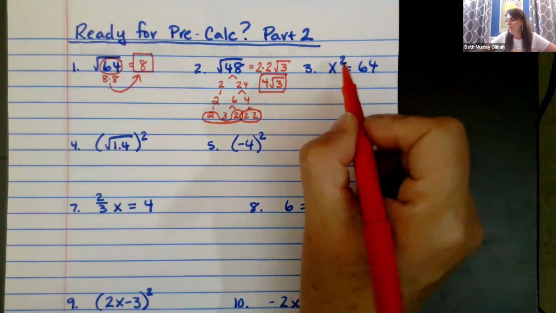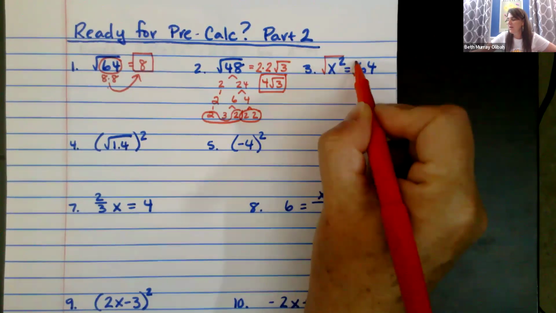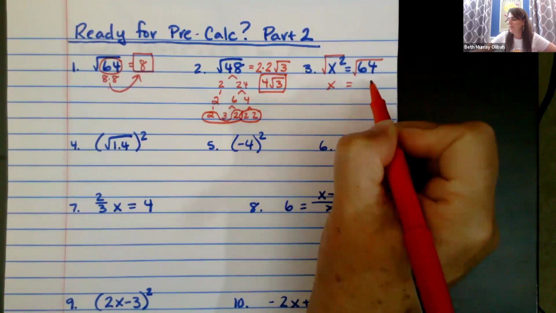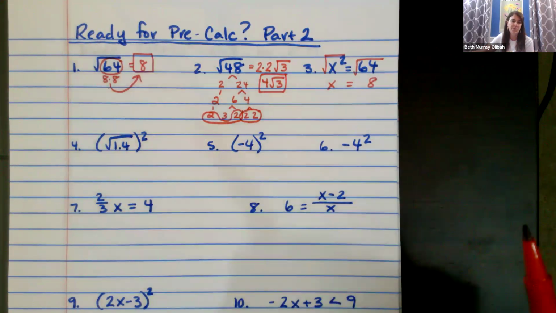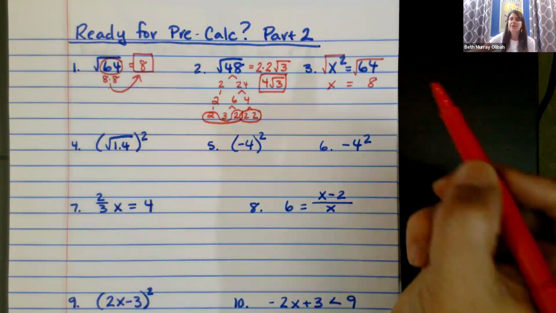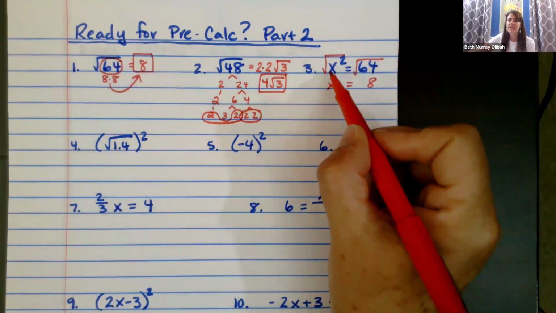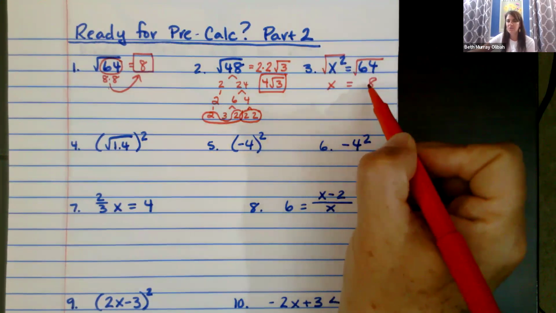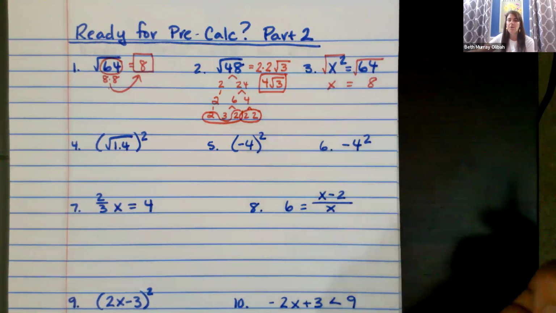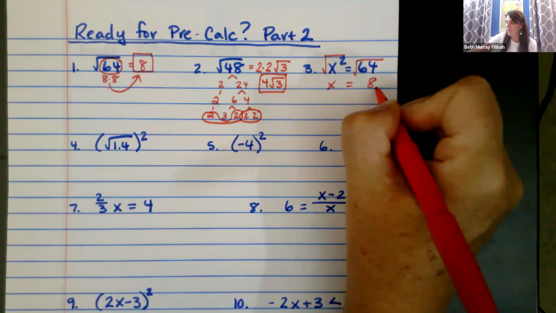For number 3, square root both sides, but be careful. A lot of people mess up here and think the answer is 8 because, like we saw, the square root of 64 is 8. But in this case, think about it. What it's saying is some number squared gives us 64. So yes, 8 would work, but so would -8.